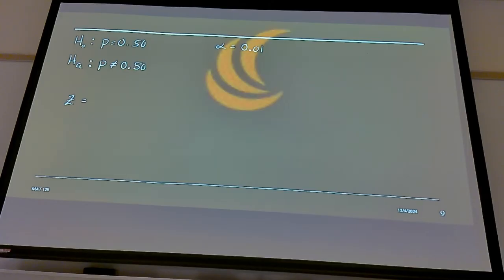The test statistic. Actually, skip that step. State when we're going to reject. We need a critical value. Wouldn't it be P not equal to 0.5?